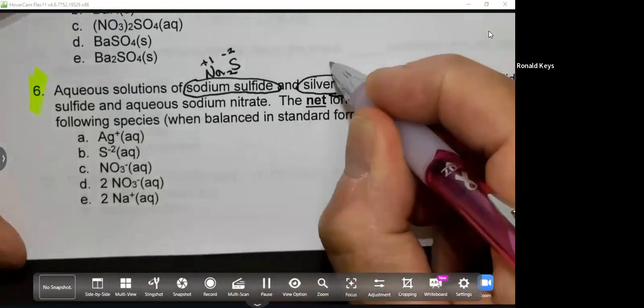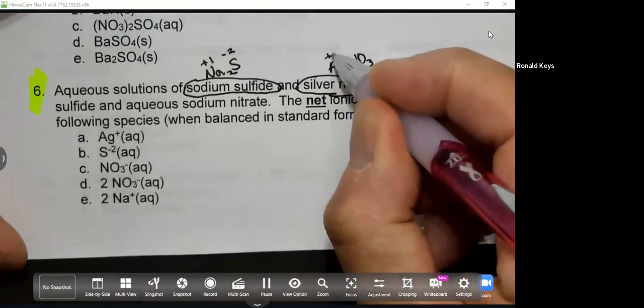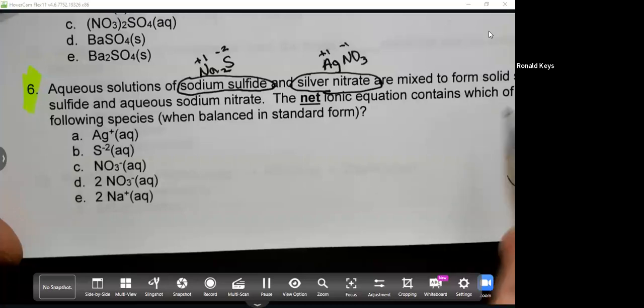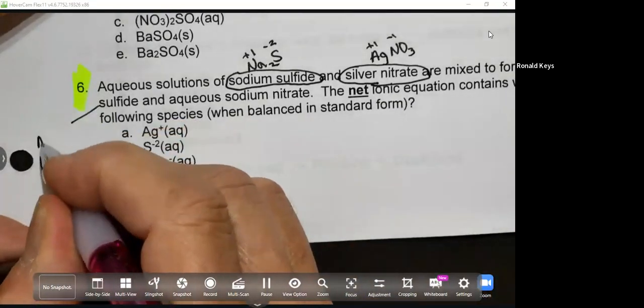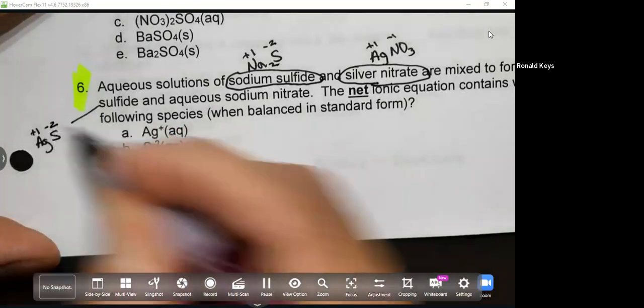So we know they dissolve. AgNO3, plus 1, minus 1. So silver nitrate. Now we get solid silver sulfide.